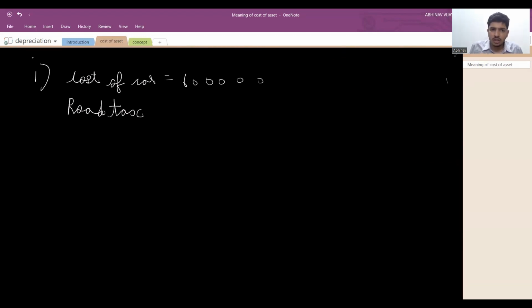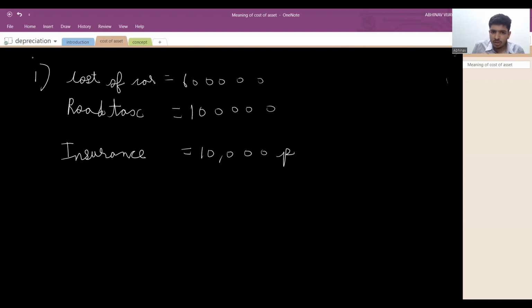So just be free and listen to it carefully. Road tax 1 lakh. Second, insurance. Insurance is paid yearly. So insurance 10,000 per annum. Then registration charges for the auto.